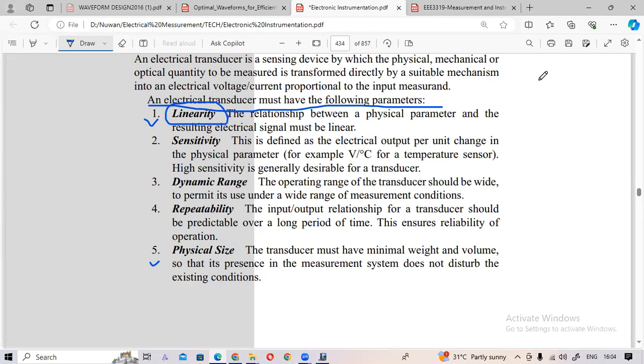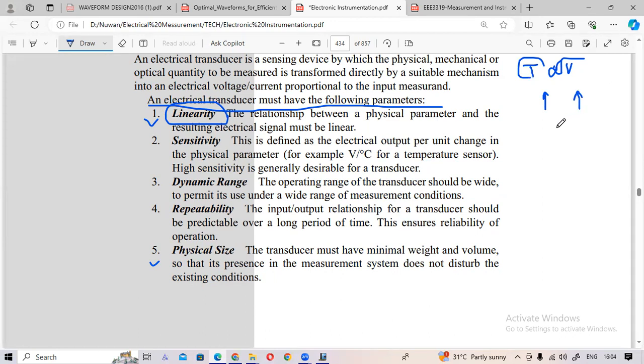For example, I told you that when the thermocouple is heating, according to the temperature there is a generated voltage and it is proportional. So this has a linear relationship between temperature and voltage. When the temperature is increasing, voltage also increases on the same scale.